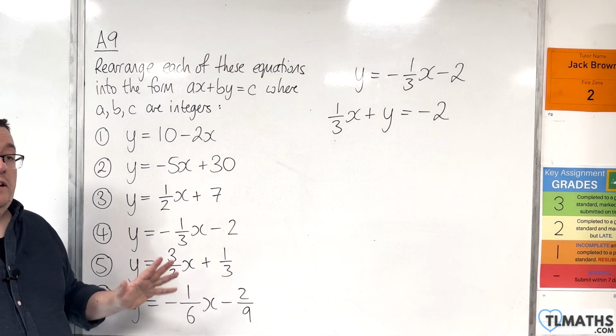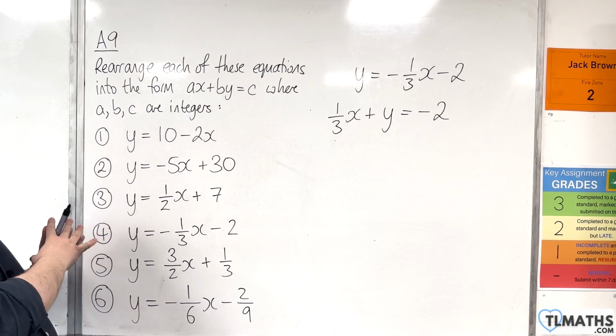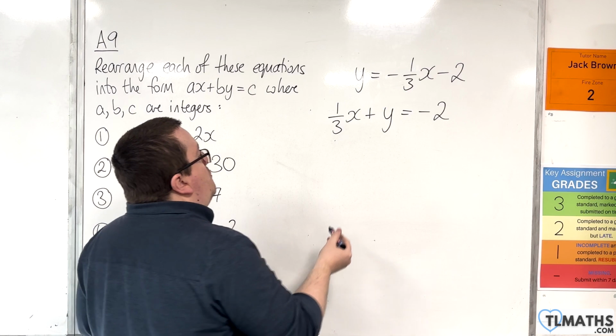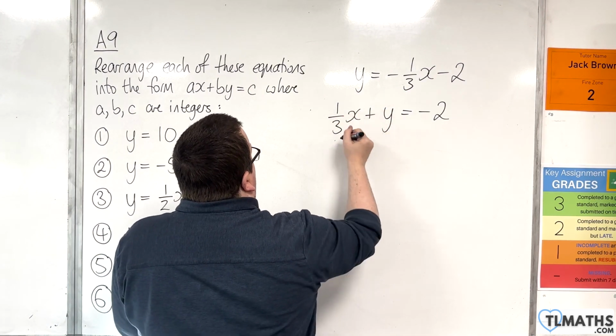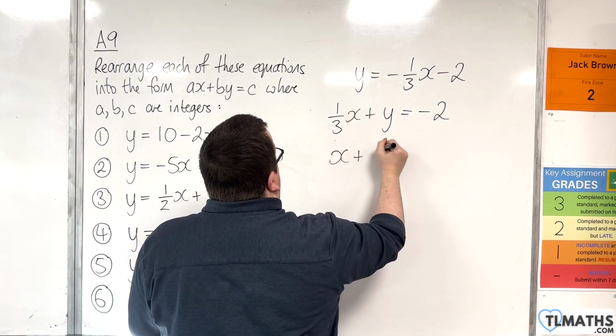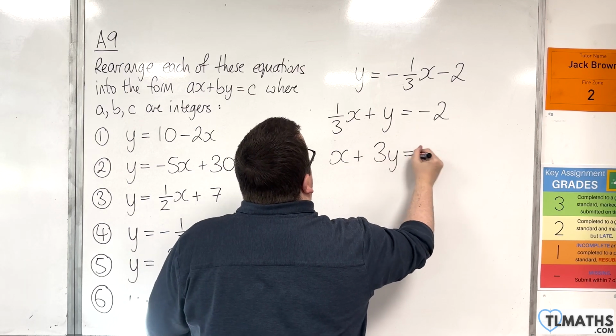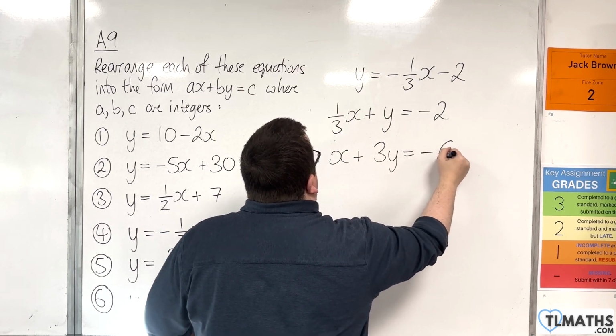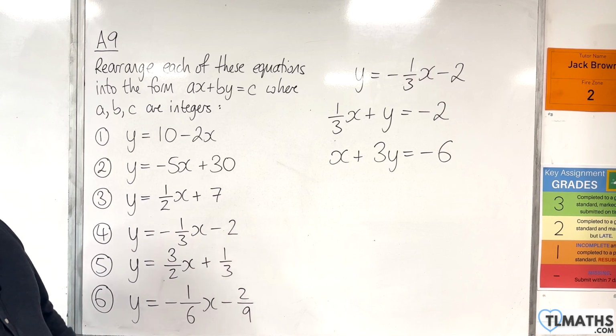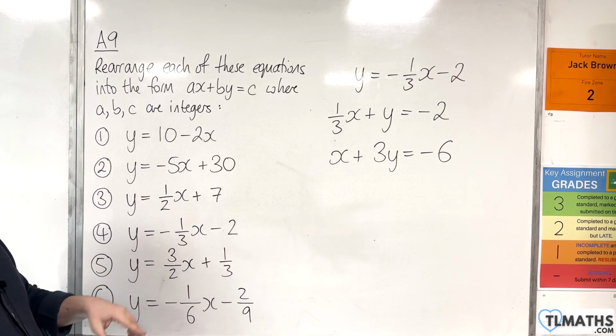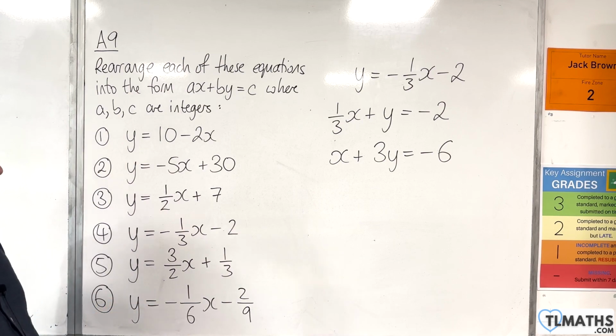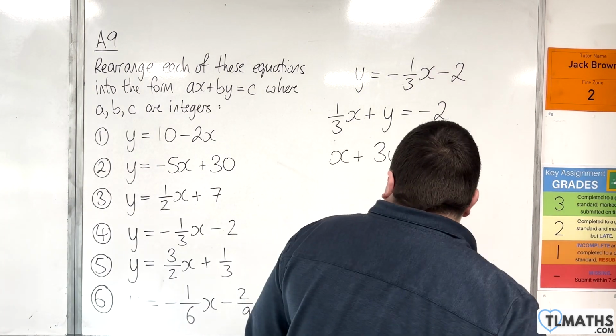And then because a third isn't an integer, I'll multiply through by 3 to get rid of the fraction. So multiplying through by 3, I'm going to be left with x plus 3 lots of y, minus 2 times 3 is minus 6. And so that is now in the required format. A is 1, B is 3, C is minus 6. Right, how about number 5?